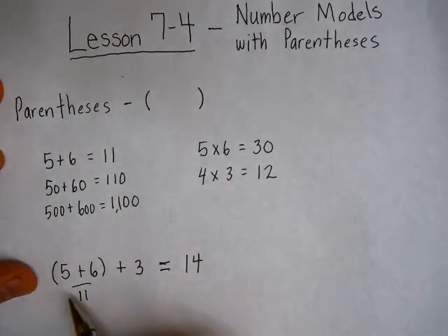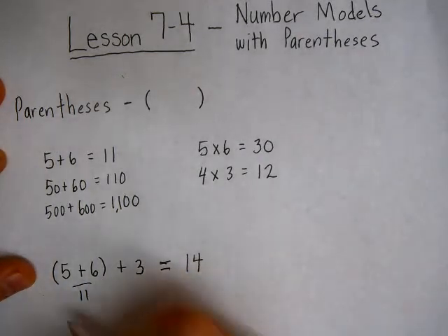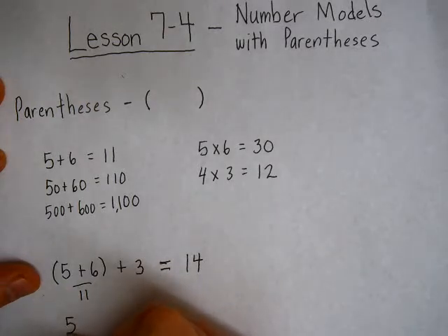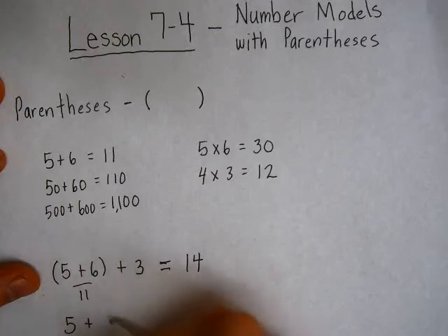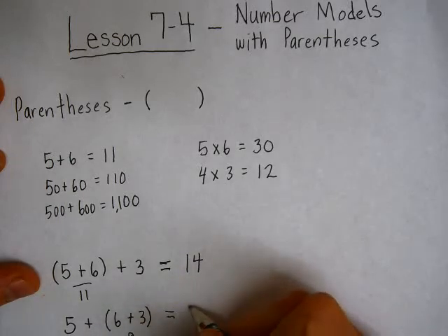And we want them to recognize that 5 plus 6 in parentheses, plus 3, is going to be the same answer, although a different story would be happening behind it, as 5 plus 6 plus 3. This works with addition. 6 plus 3 is 9, plus 5 is 14.